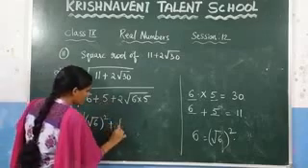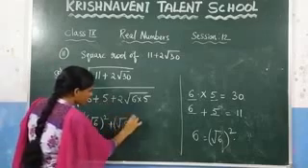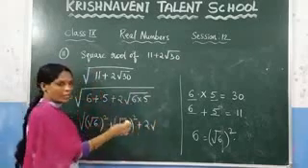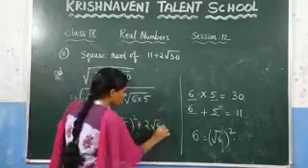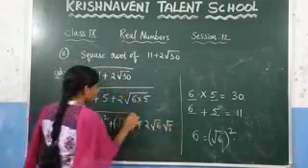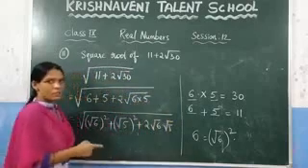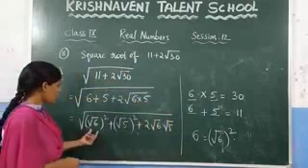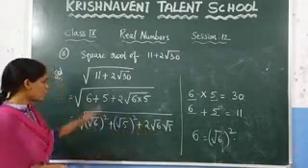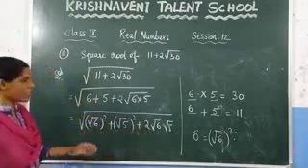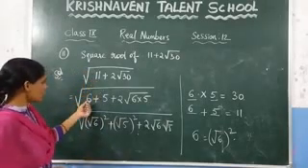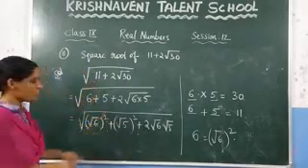Similarly this one you can write as root 5 whole square plus 2 into, here it is in the form of root a into b, so you can write it as root a into root b. Now you will come to know why we have written all these things, because it is now in the form of a square plus b square plus 2ab. What we have done here is take two numbers such that we distributed this number into the form of 6 plus 5.